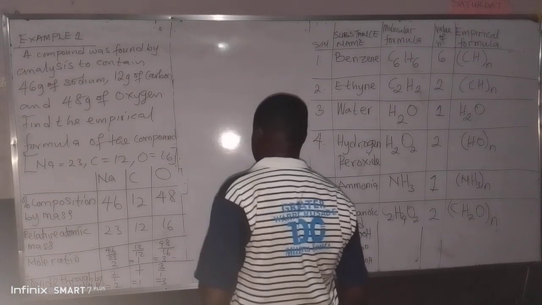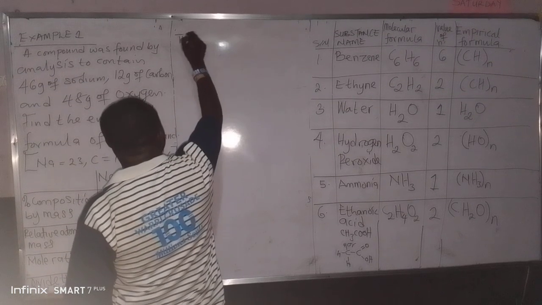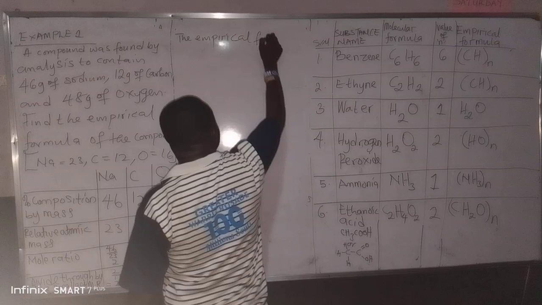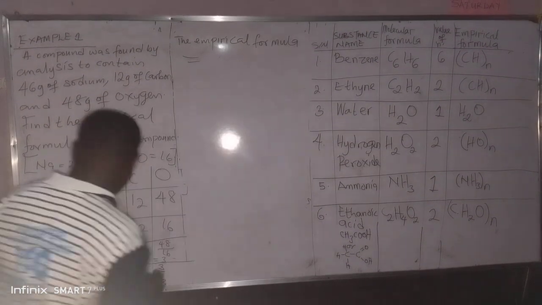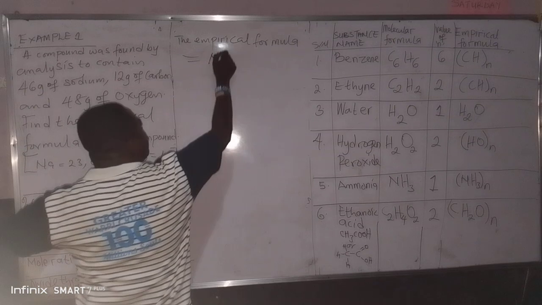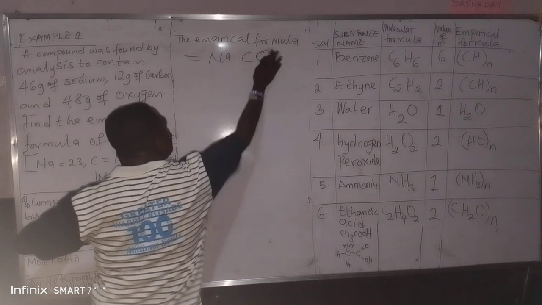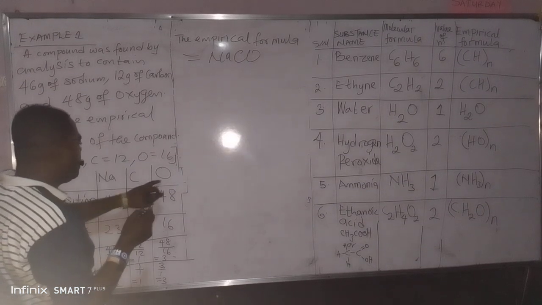You can now say, okay, the empirical formula will now be, write this symbol, Na, C and oxygen.